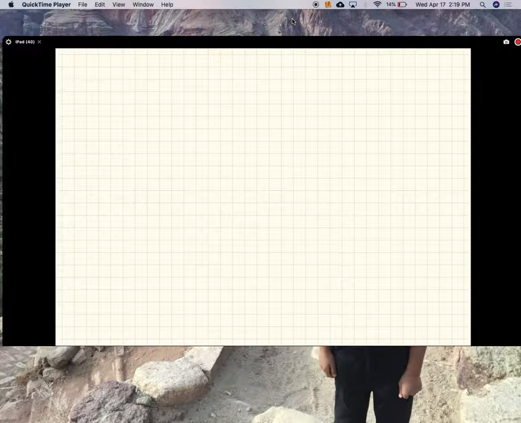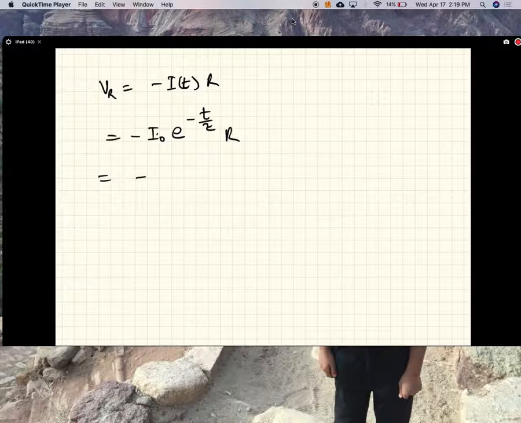The voltage across R is minus I(t) R. And we have VL plus VR.